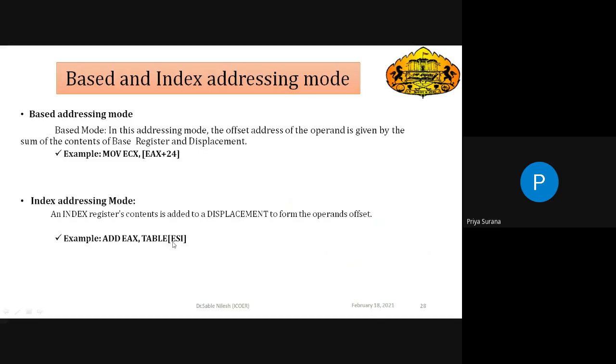So ESI will act as a memory location. This data will be used for execution of this instruction. The source and destination are added and the result will be stored in EAX. But remember, the data for this instruction comes from this memory location which is held by the index register. So this is called index addressing mode.